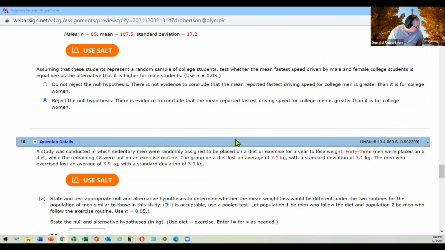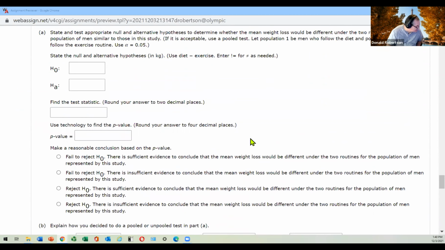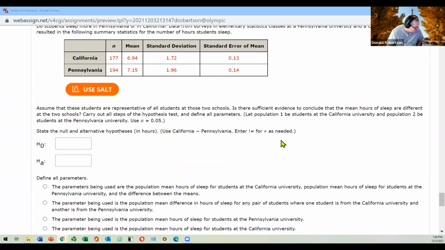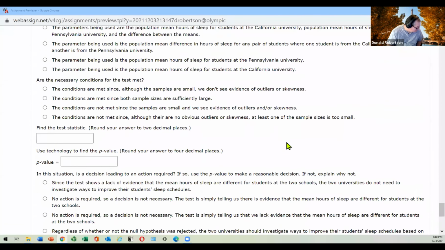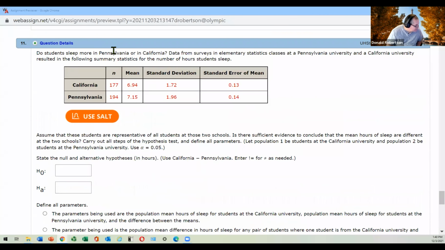So let's do another one of these. Do I want this one? Maybe I want this one. Well, I don't have too many choices, so I'm going to have to pick. I'll pick this one. Here is data to do with Pennsylvania and California.